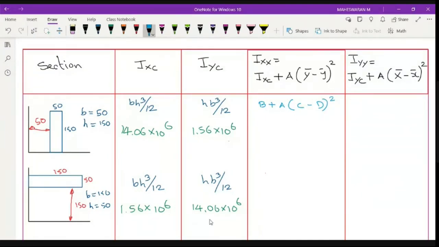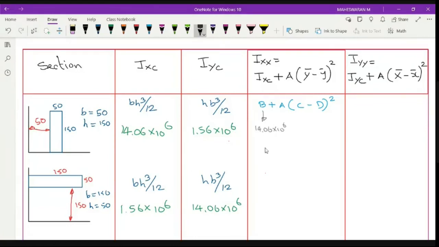Okay. Now for this first value, whatever I'm going to get here, my B is this one, right? IXC, right? So this is nothing but 14.06 into 10 power 6. Again, you press calc and type this as a formula.